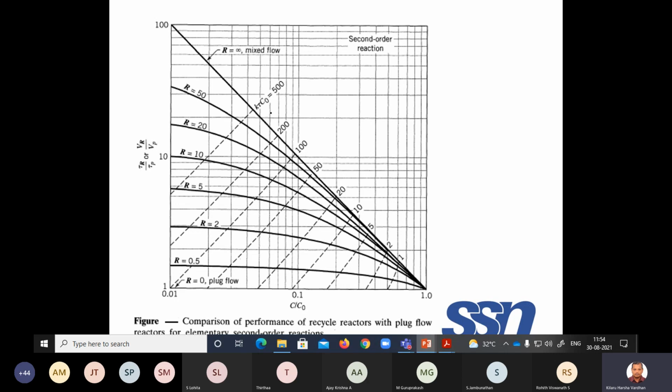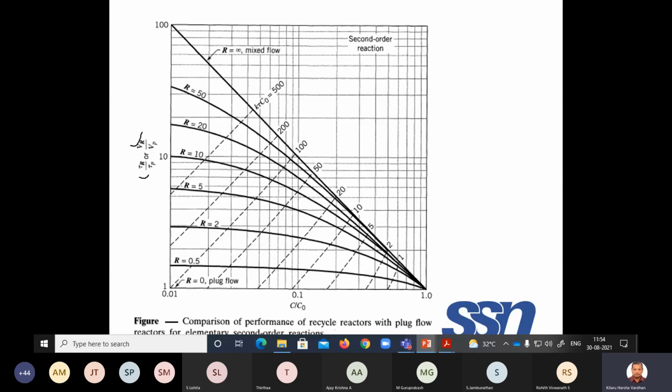For a second order reaction, you know that k tau into Ca naught will come because the order is changed. So again here k tau Ca naught is 1 based on this, and this is for R equal to 0, and as the R value changes, you go and get the mixed reactor performance equation. The ratio of this particular thing, either taus or the volumes.